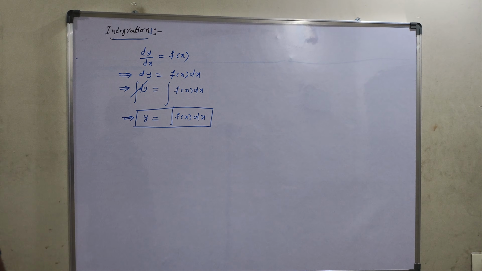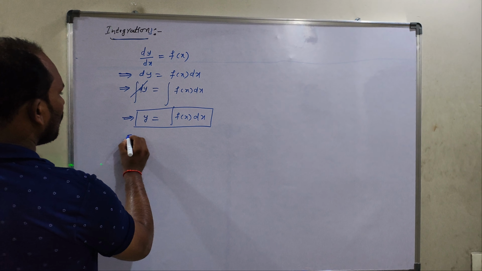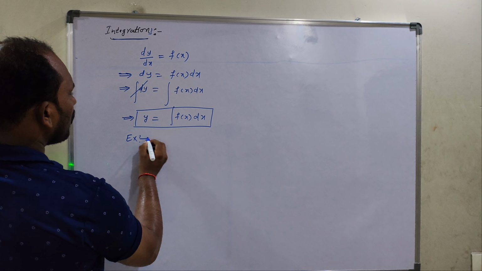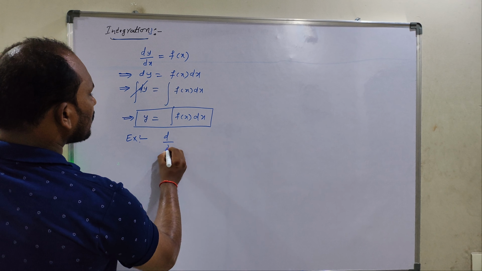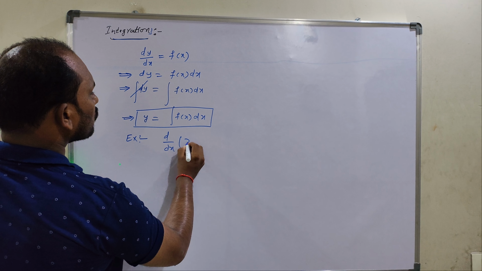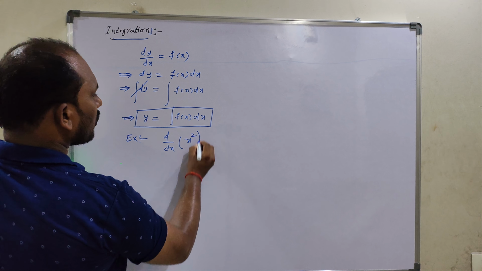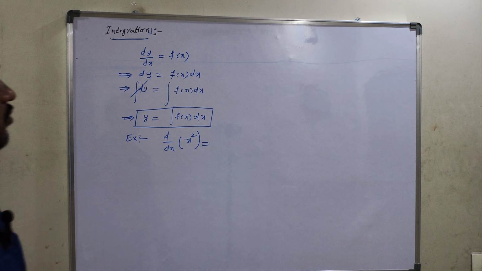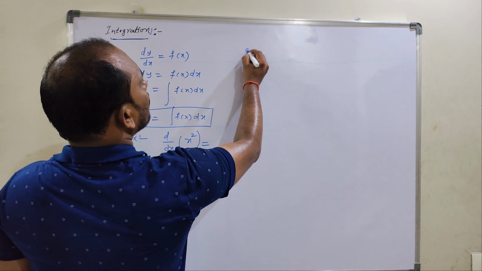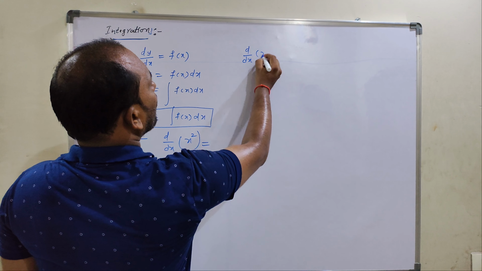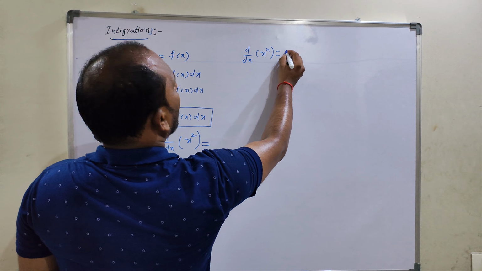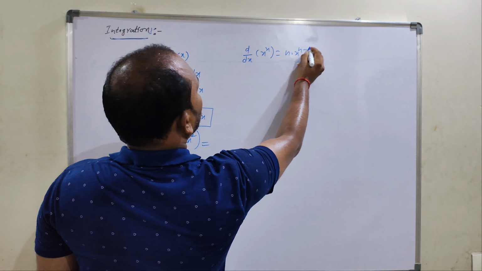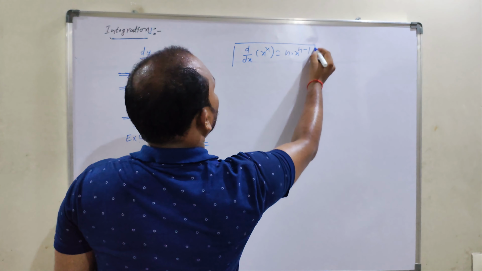So let's take an example. Example 1: d by dx of x square. What is the formula? dy by dx of x power n is equal to n into x power n minus 1. This is the differentiation form.